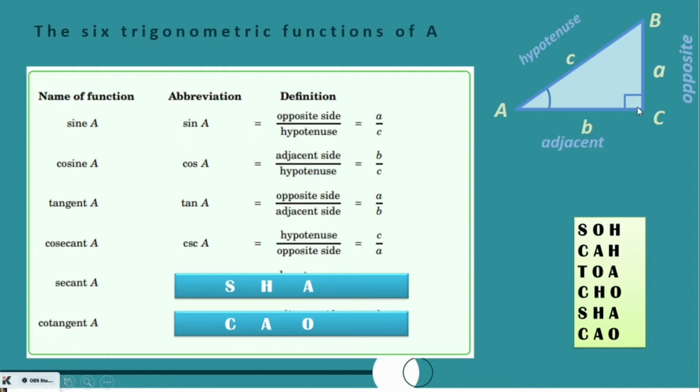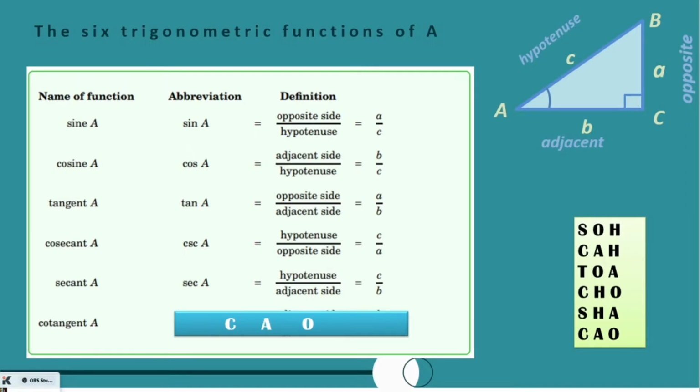And then for secant, we have SHA. Secant A is equal to hypotenuse over adjacent side. That's c over b. And lastly, for cotangent A, that's CAO.